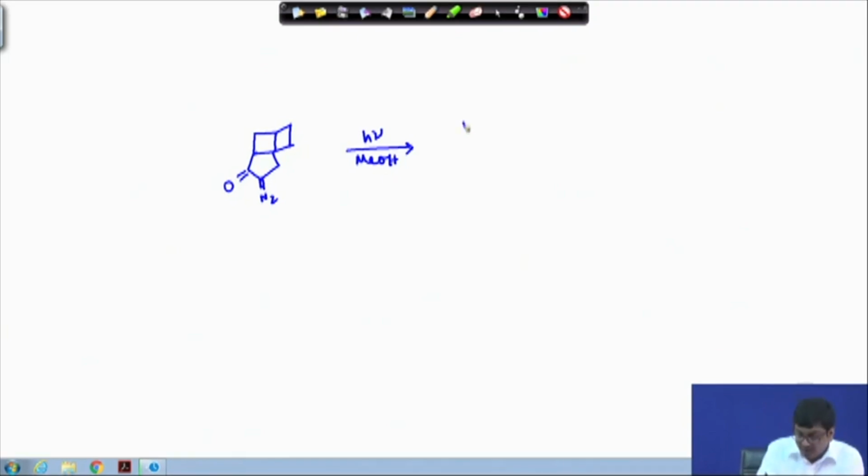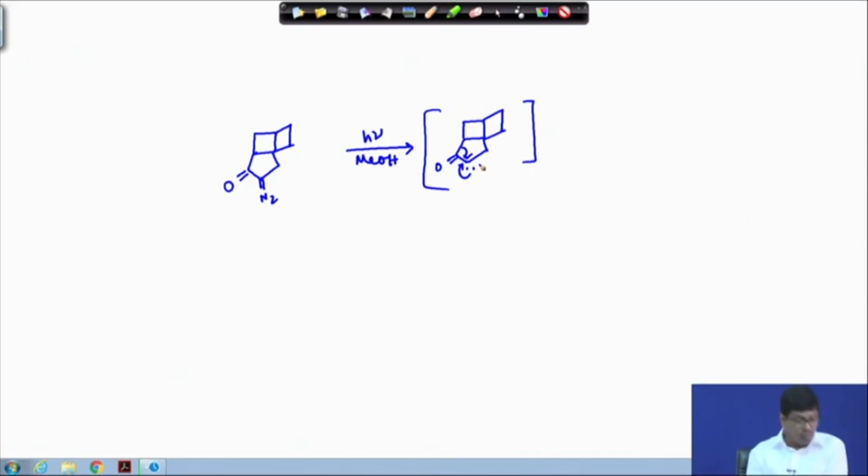So, what will it form? As we have already mentioned, first it will generate the corresponding carbene, and now there will be the Wolff rearrangement, and then it will generate the corresponding ketene; I am not going into detail of that.